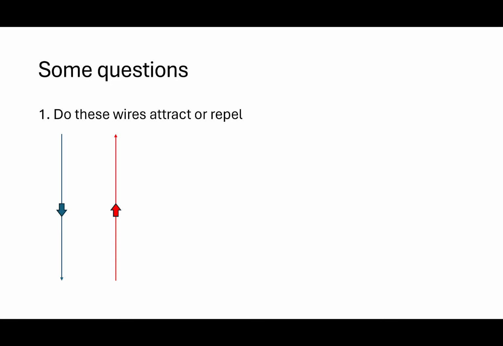So let's see. The blue wire has currents going that way, and because the current is going down, we use the right hand grip rule.